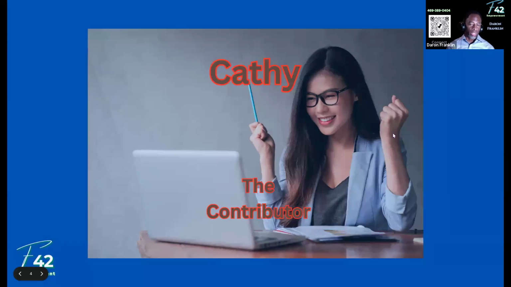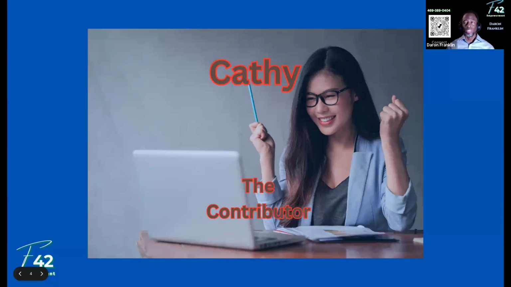There are three components to the PCL method that I've used as a leader and also used with workforce organizations and businesses to develop their staffs. The P is for the participator. The participator is that person in the organization that's very reliable. That participator is also someone who is really not interested in growing or elevating in the organization or the job.